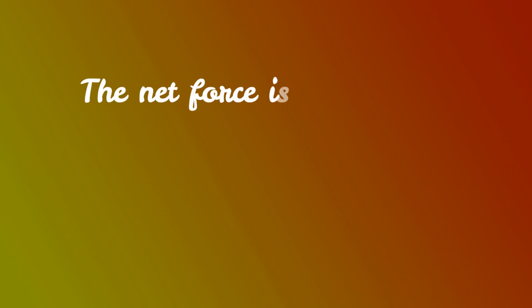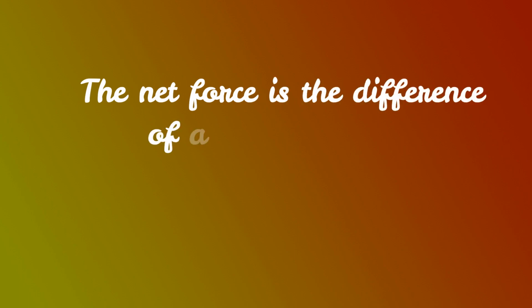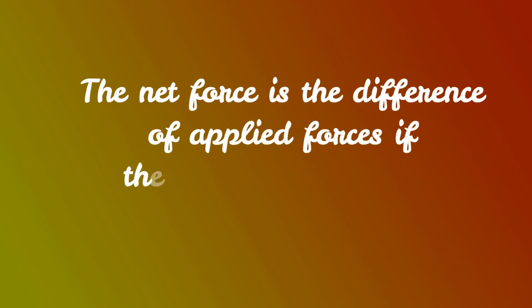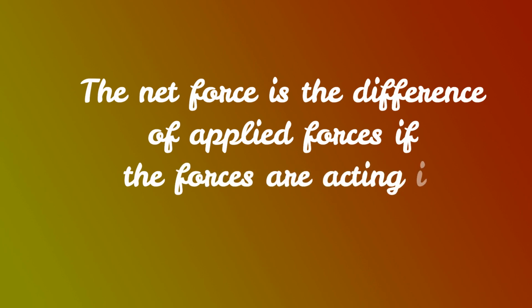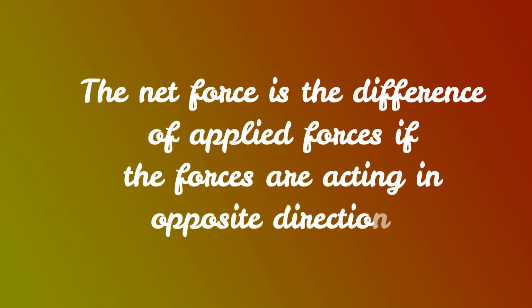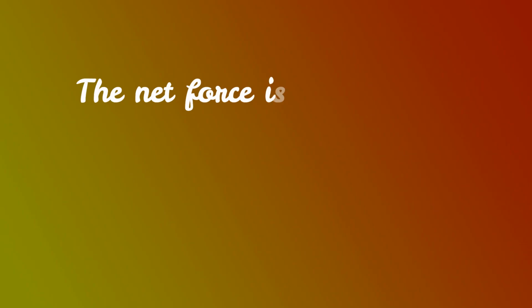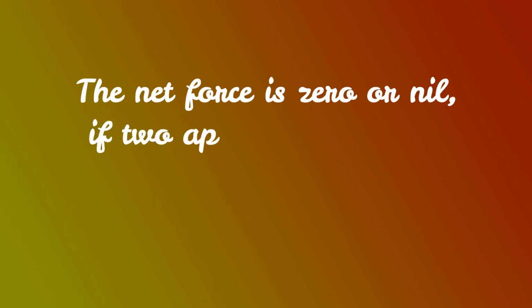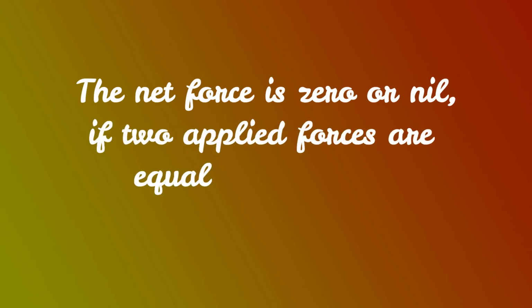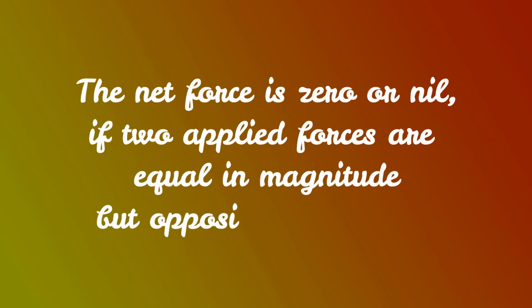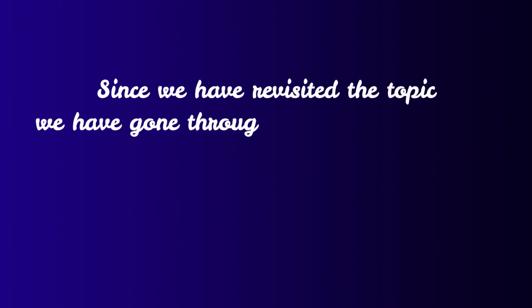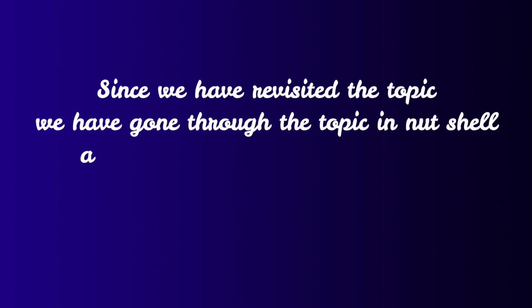The second one, the net force is the difference between the two applied forces if the two forces applied on an object act in the opposite direction. The third one, the net force is zero if the two forces applied on an object are equal in magnitude and in the opposite direction.